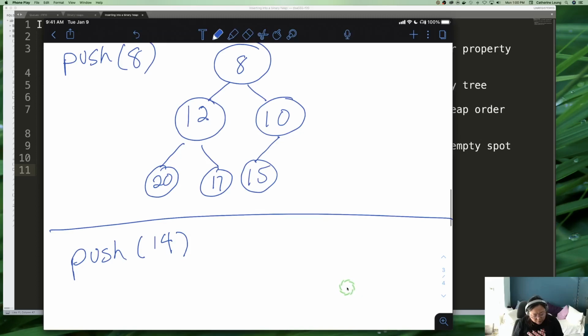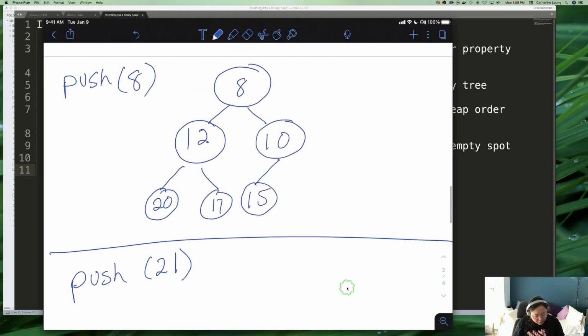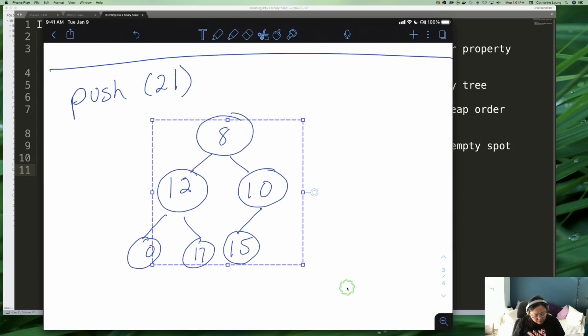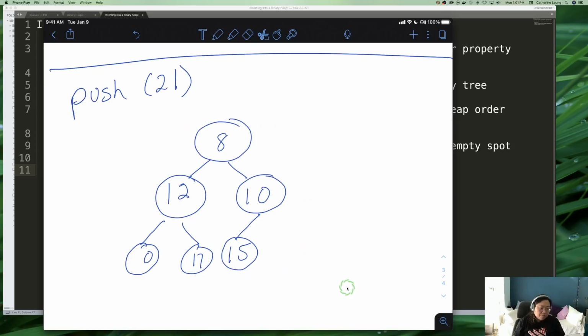Oh, actually, no, let's do 20. Sorry, not 20, same value. Let's do 21, okay? So here is our tree. And I want to put 21 in. Where would you put it?